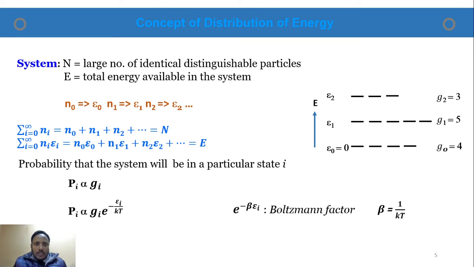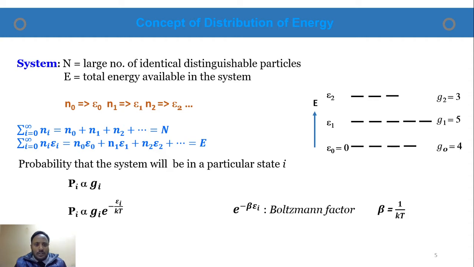Before understanding the concept of partition function, let us first understand the concept of distribution of energy. For that, let us consider a closed system consisting of a very large number of identical and distinguishable particles.